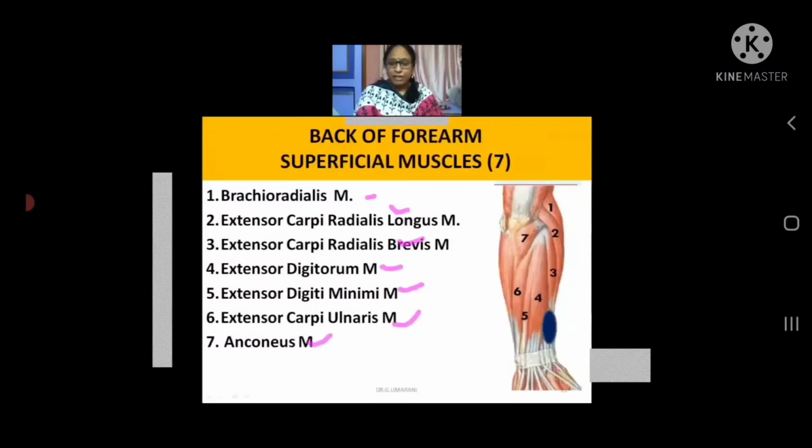Here we can see that the first 1, 2, 3 muscles are the most lateral muscles, and 4, 5, 6 are the middle muscles. A small muscle lies at the upper portion, known as the anconeus. So these are the 7 superficial muscles of the back of the forearm.